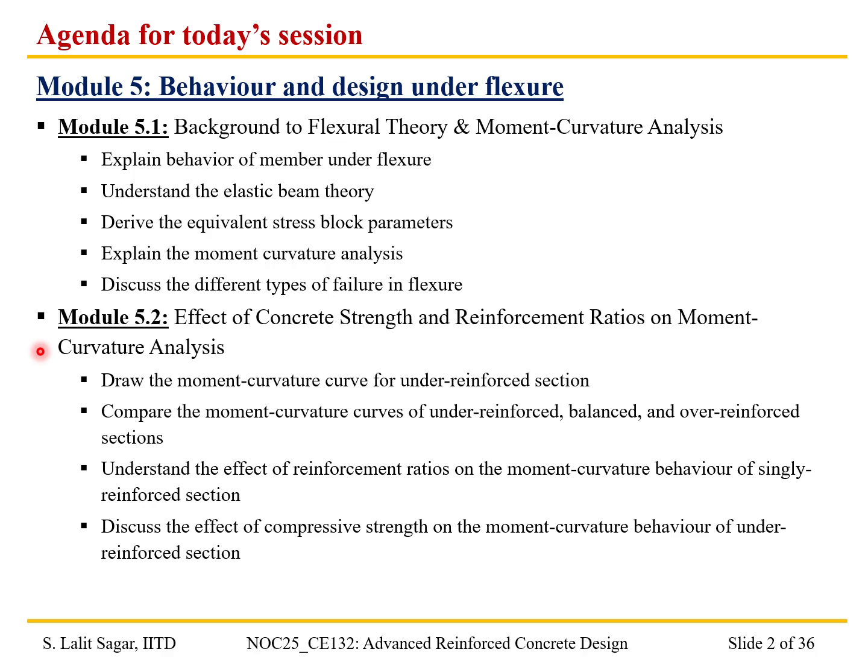Okay, so in that we started with the drawing of the moment curvature curve for an under-reinforced section. Then we compared the moment curvature curves for an under-reinforced cross section and a balanced section, and finally an over-reinforced cross section.